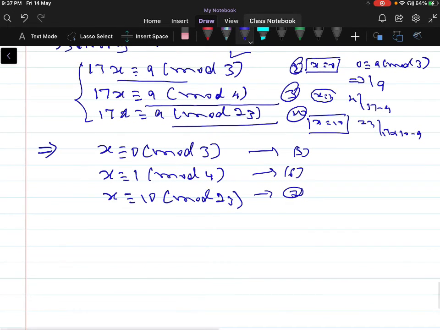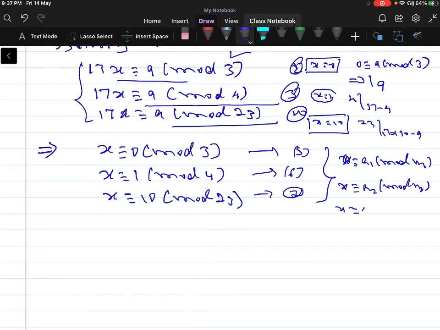Now equations 5, 6, 7 are of the form x is congruent to a1 modulo n1, x is congruent to a2 modulo n2, x is congruent to a3 modulo n3.